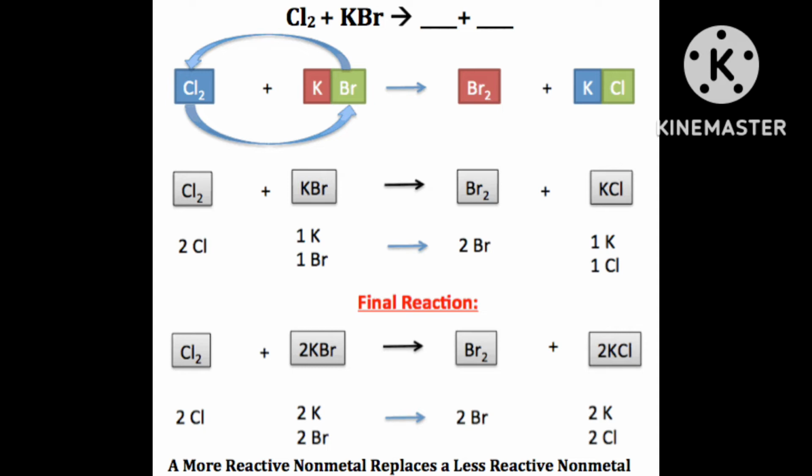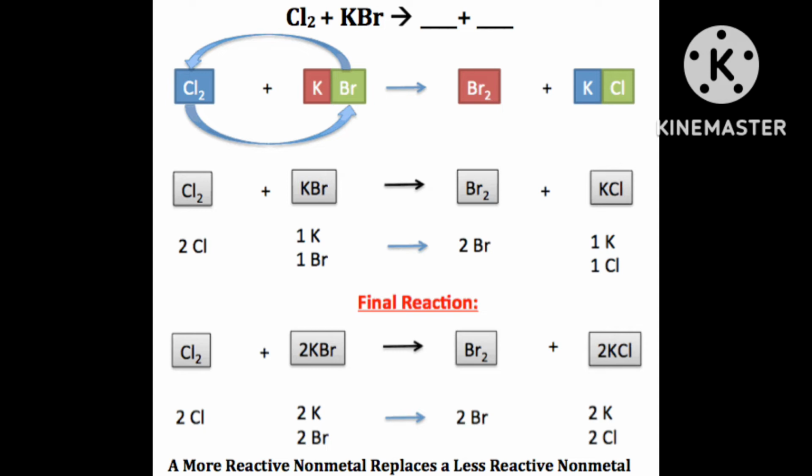Chlorine reacts with KBr, where the bromide ion is present, and removes the bromide ion, going in its place, forming KCl. 2KBr means two bromide ions were there, which form Br2, and in their place Cl2 comes and forms 2KCl. So bromine is displaced by chlorine.